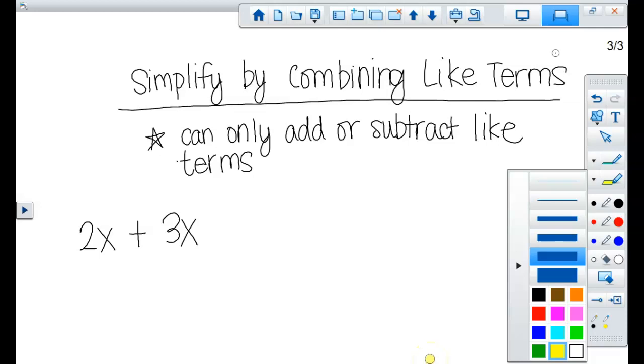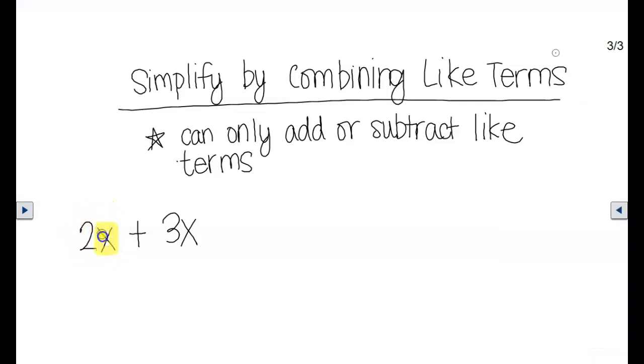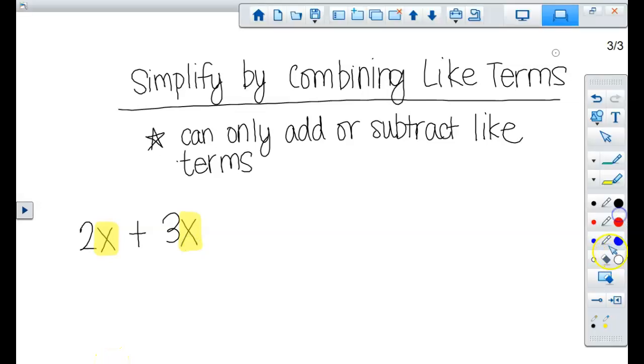Well, what it takes is a last name that is the same. So what is the last name for 2x? Well, that's the variable part, which is x. What is the last name for 3x? Well, again, that's the variable part, which is x. So I want you to notice that these two are like terms. They have exactly the same last name, x and x. Those are identical. So I can add these together.